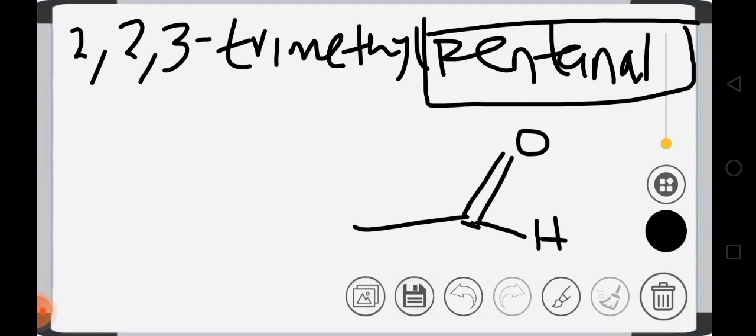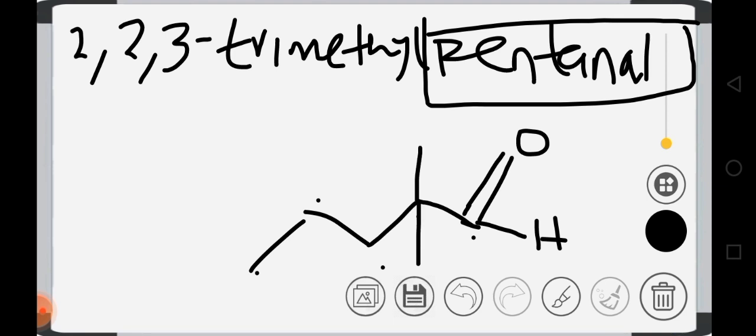Then we have 1, 2, 3, 4, 5. So we have 1 alkyl group here, another alkyl group here, another alkyl group here. This is also correct for this 2,2,3 trimethyl pentanal.